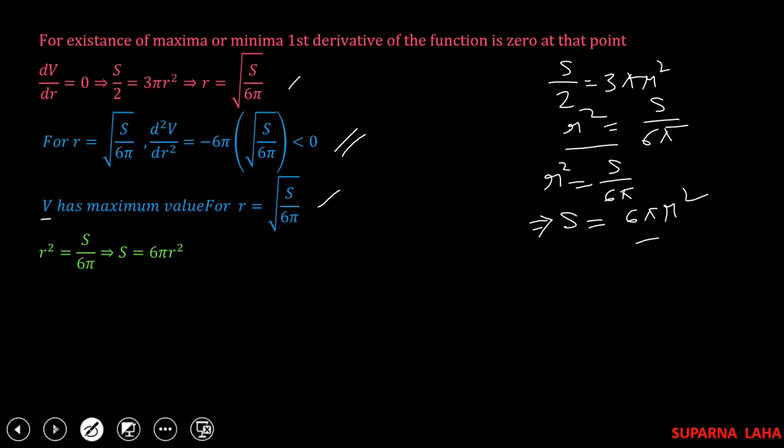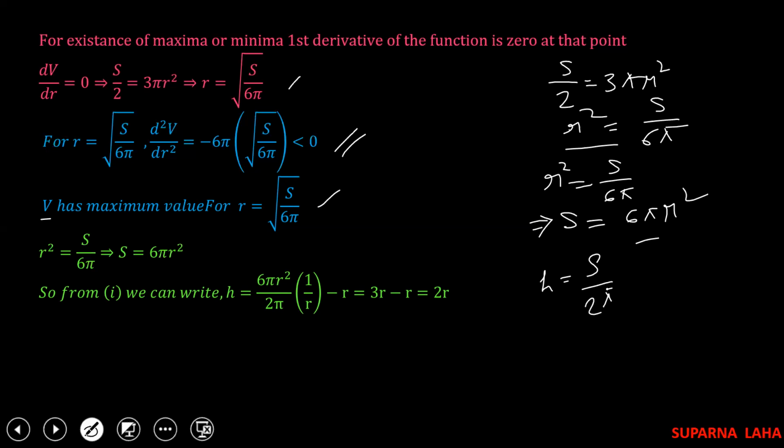Now put the value in the equation for h, that is h is equal to S upon 2 pi into 1 upon r minus r. In this equation, if we put the value of S, you will find 6 pi r squared upon 2 pi into 1 upon r minus r.